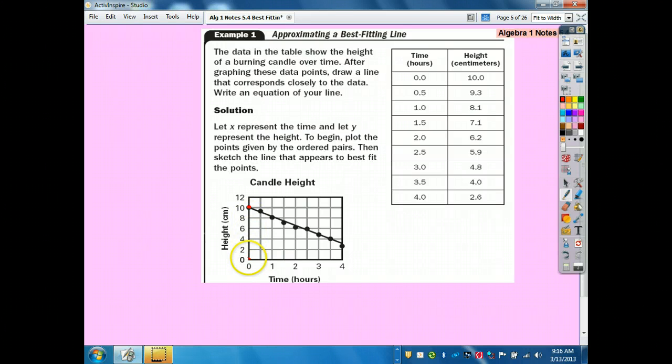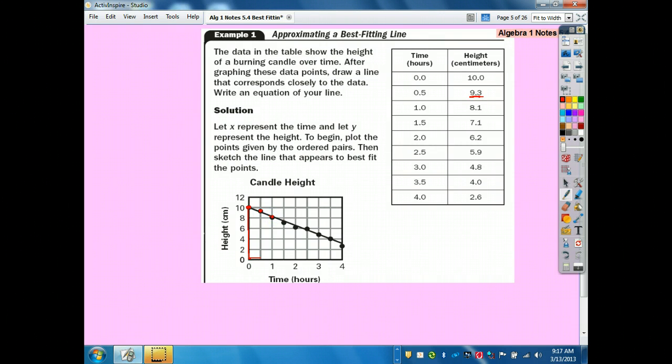It's brand new. When we bought the candle, the height of it was 10 centimeters. We burned it for a half an hour, and it went down to 9.3 centimeters. After an hour, it was down to 8.1 centimeters.